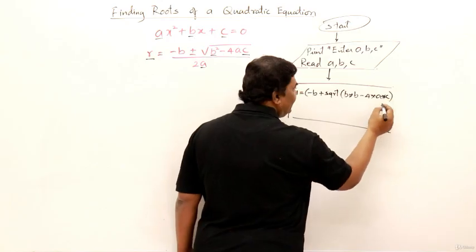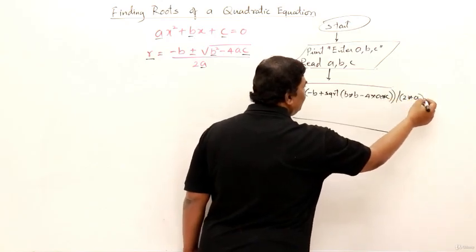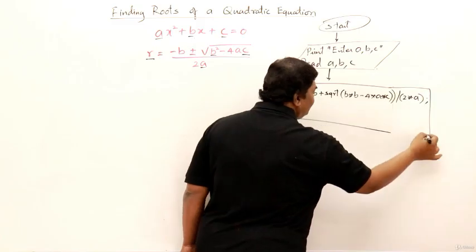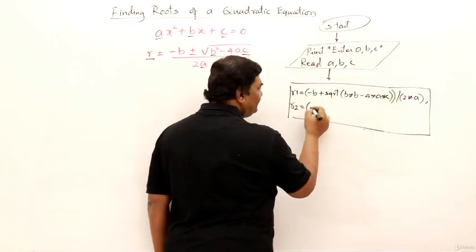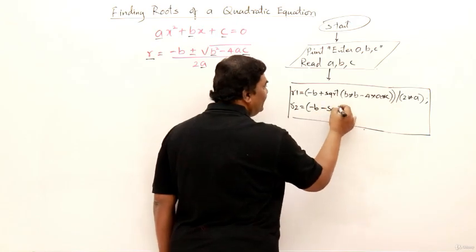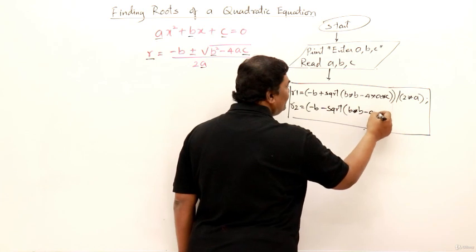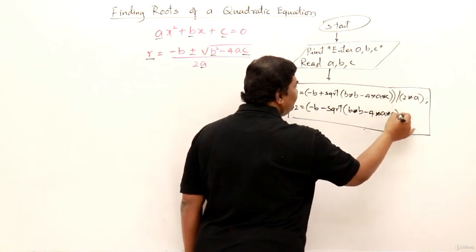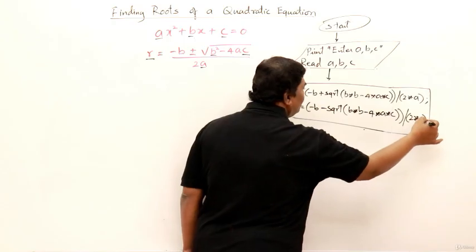Then this whole thing should be divided by 2 into a. Yes, this is the first one. In the same way, root 2, everything is the same, minus b, instead of plus this is minus, sqrt of b into b minus 4 into a into c, then by 2 into a.